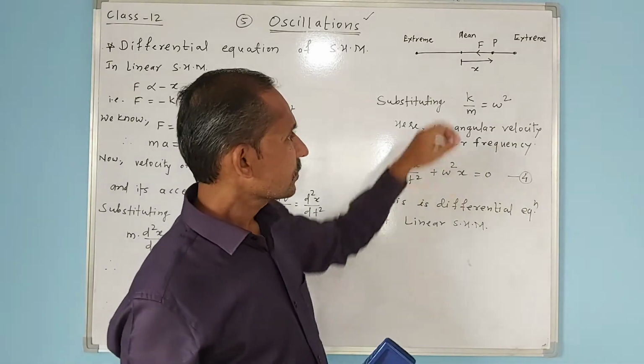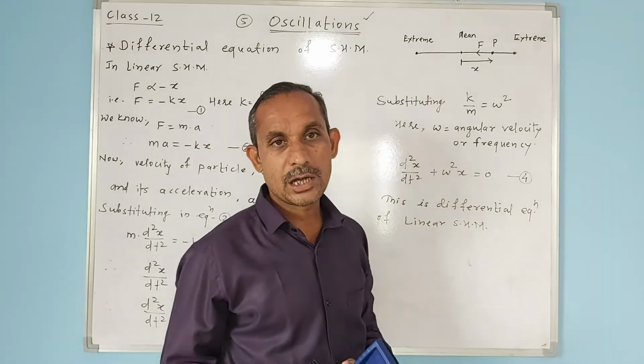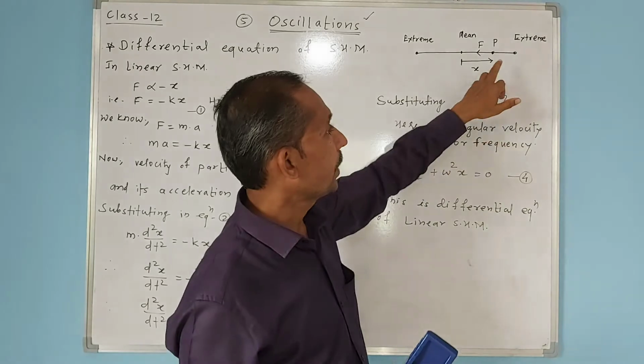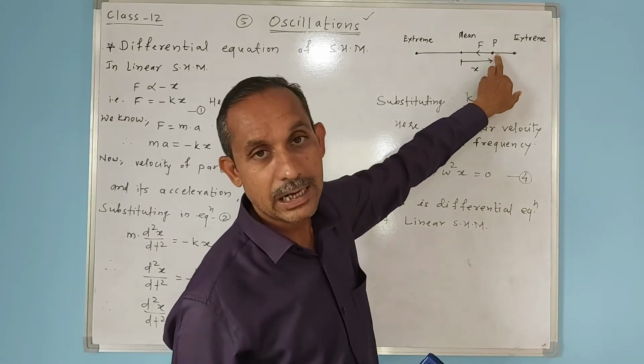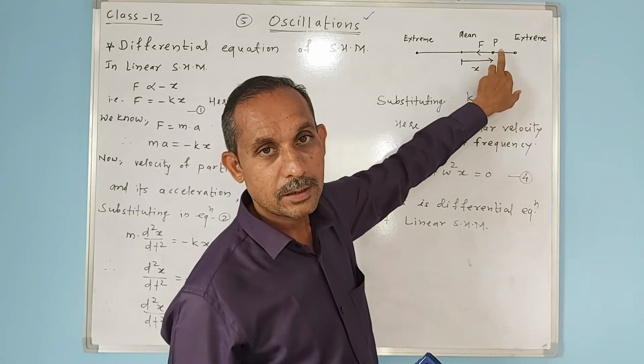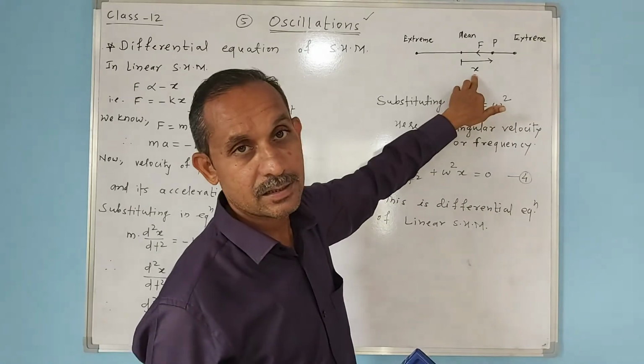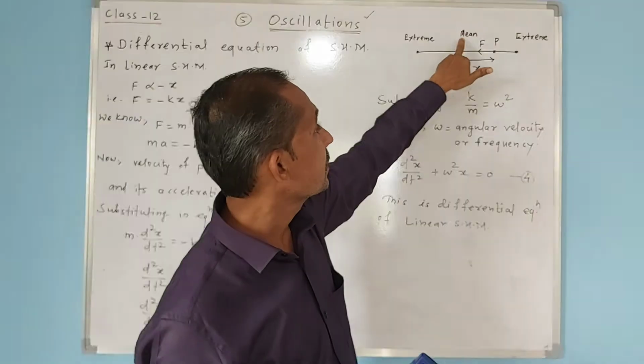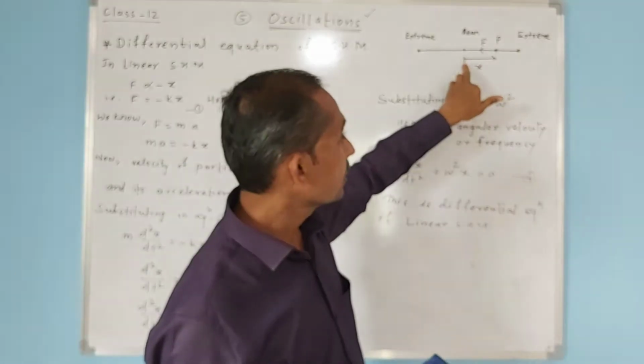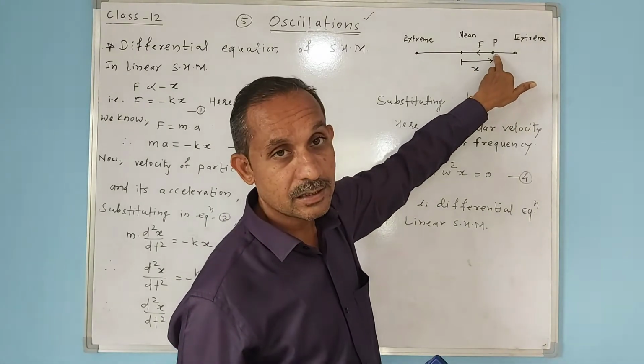Let us see, while performing simple harmonic motion, suppose the body is present at point P where the displacement of the particle is x from the mean position. This is the mean position, and from it the particle is here.